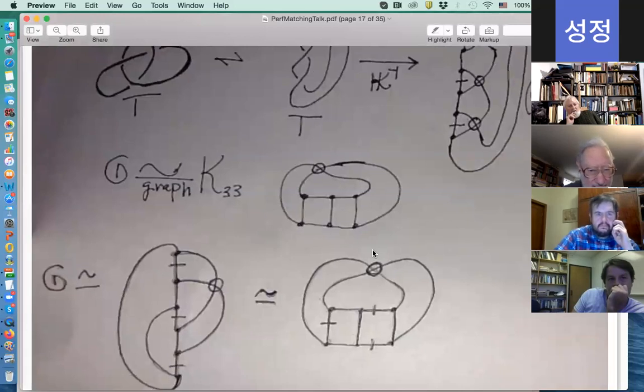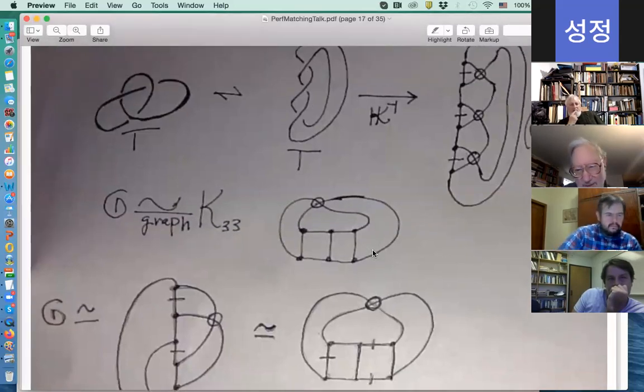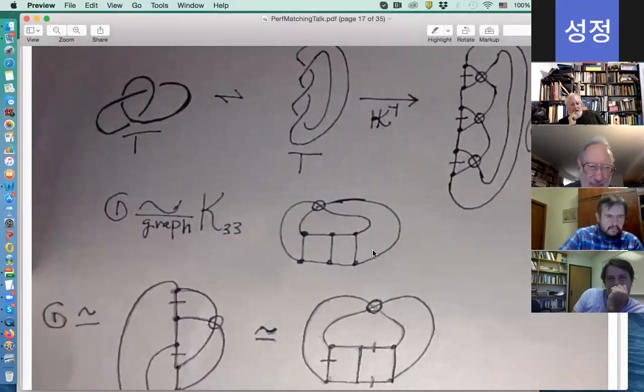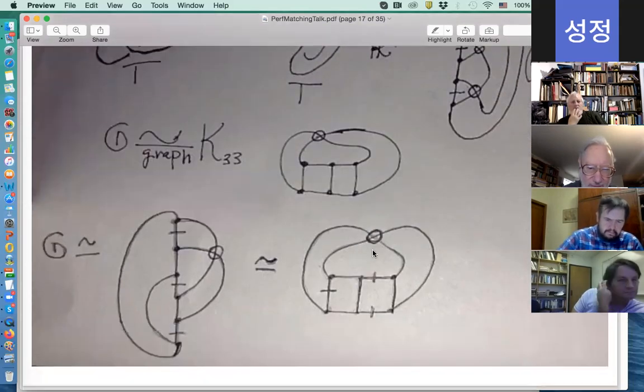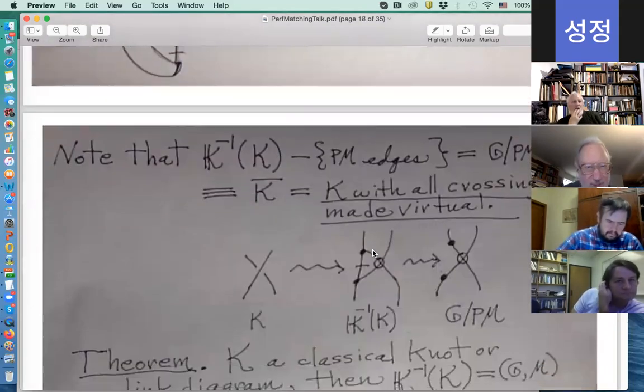So K33 with a certain perfect matching corresponds to the trefoil knot. The larger question of what is the entire class of knots that correspond to a given graph by way of all their perfect matchings is really an interesting question, and we don't know as much about it as we would like to know.